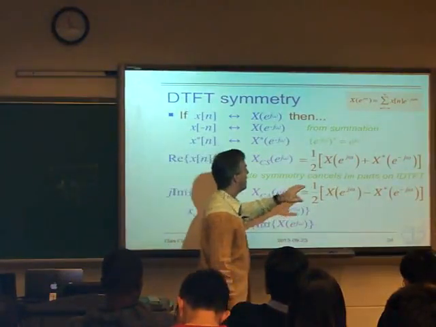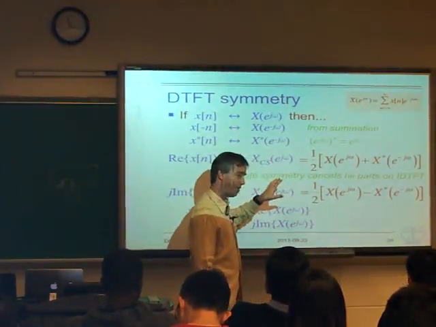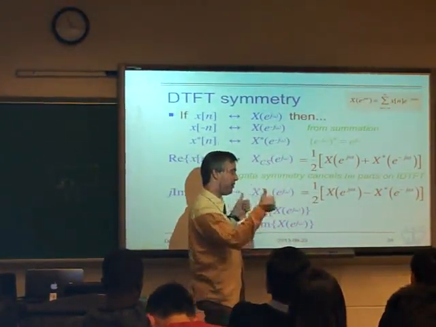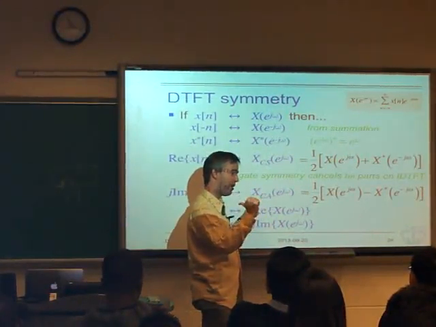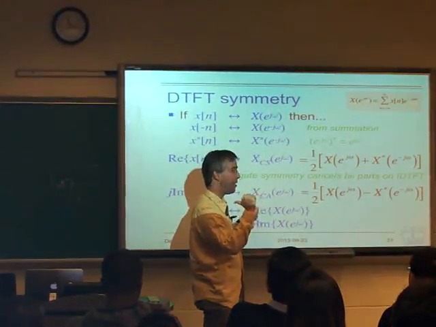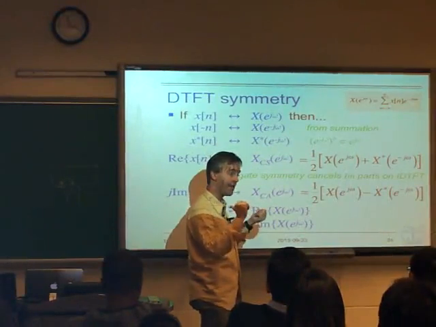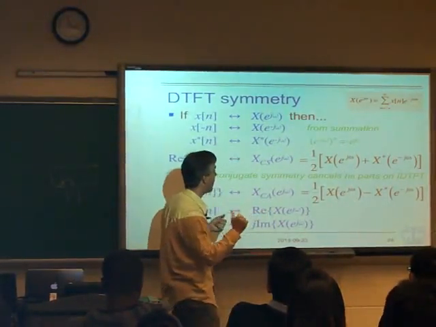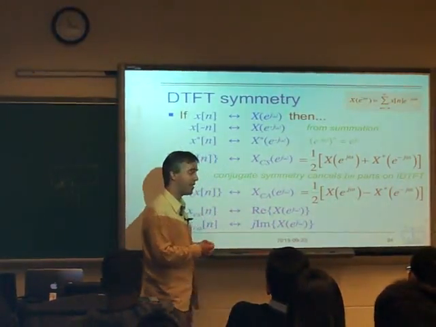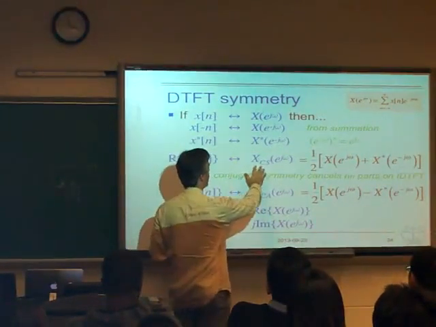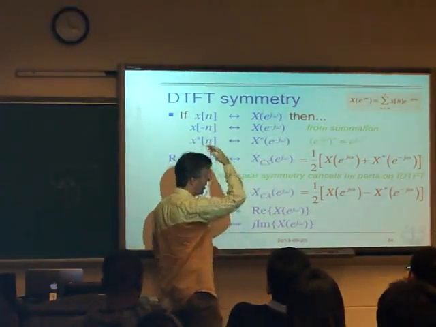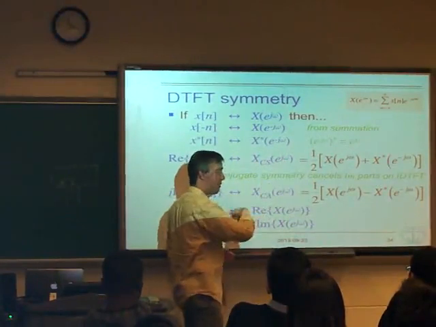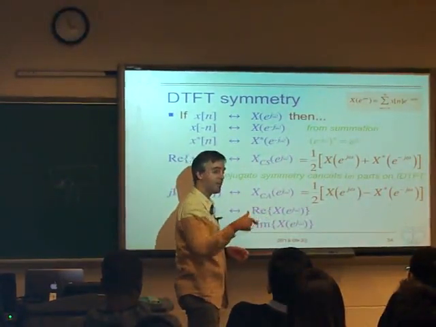A conjugate symmetric sequence means that you remember that the real parts are even, but the imaginary parts are odd. So the imaginary parts for the positive frequency and negative frequencies are always the negative of each other. And what that means when you do the resynthesis is you get x of some DTFT term for the positive frequency part, e to the plus j omega 0 n.